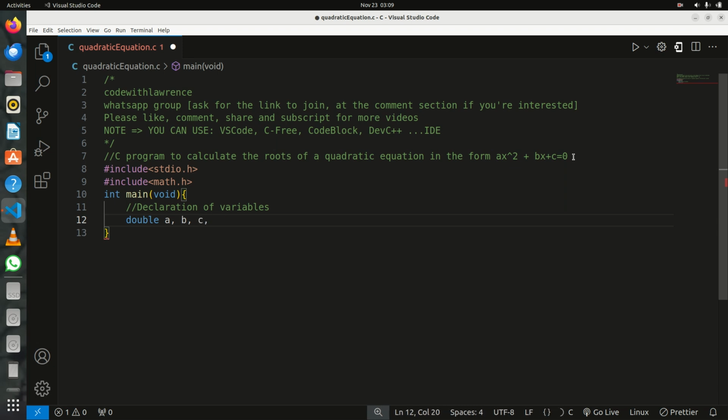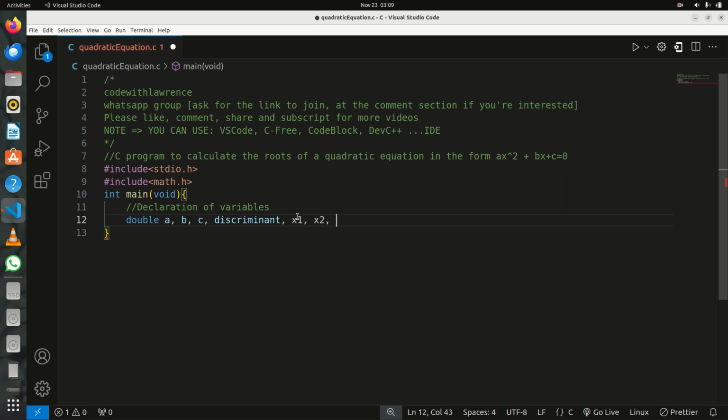As you can see here, this is a, b and c. They are inside this equation. We need to also declare double as a discriminant. In the root of the equation, you have x here, and we're going to have two roots, x1 and x2.